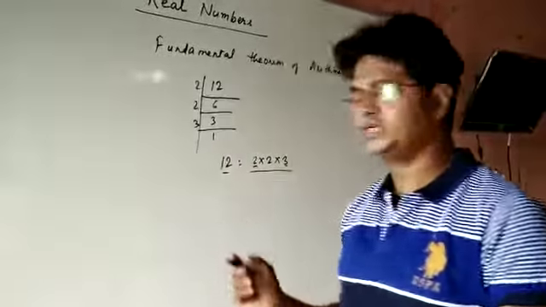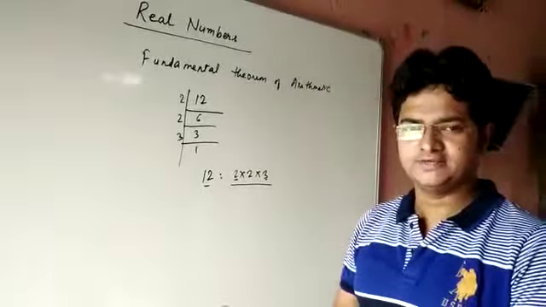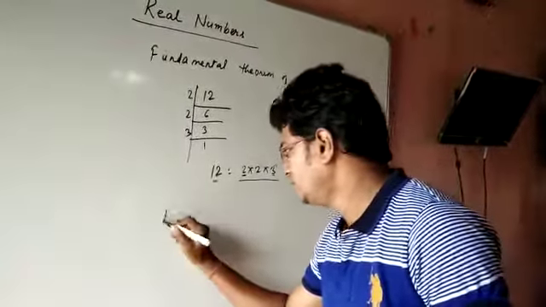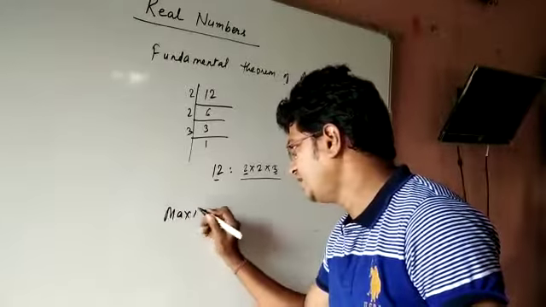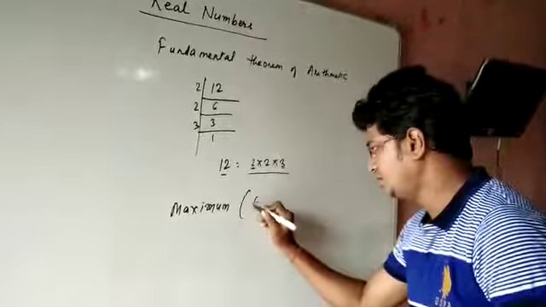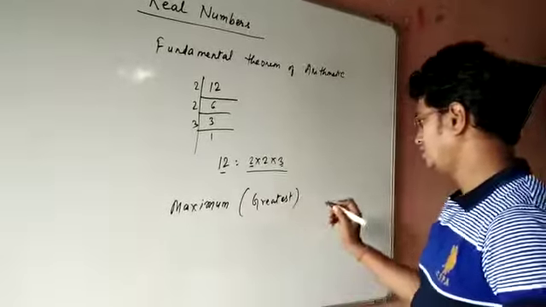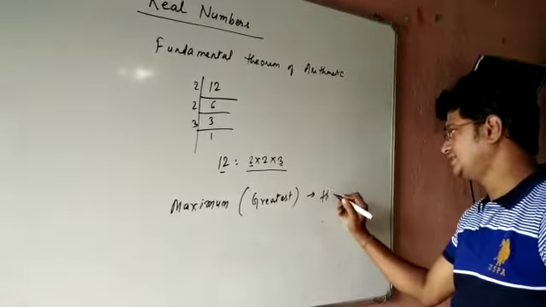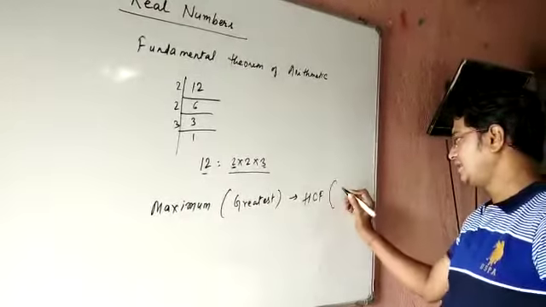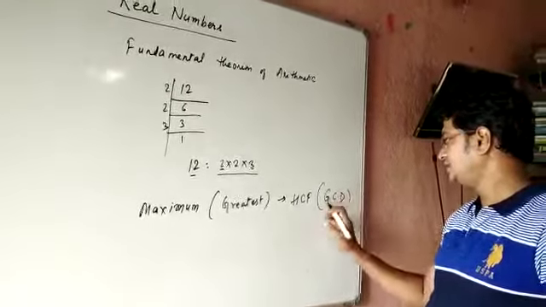Now students, in order to solve word problems, many students face problems knowing when to take out HCF and LCM. When you are solving a word problem, whenever you need to find maximum or greatest, you will take out HCF, highest common factor, and another name of HCF is GCD, greatest common divisor.